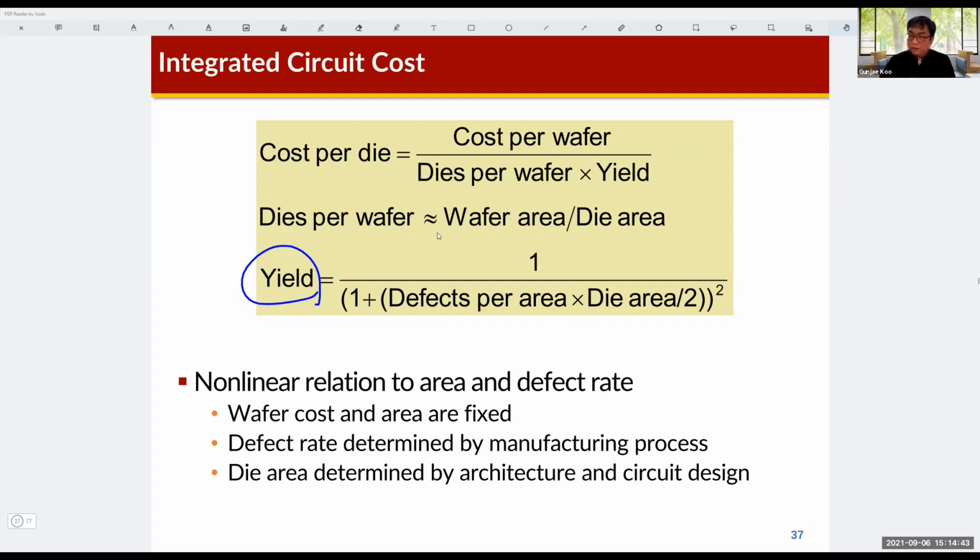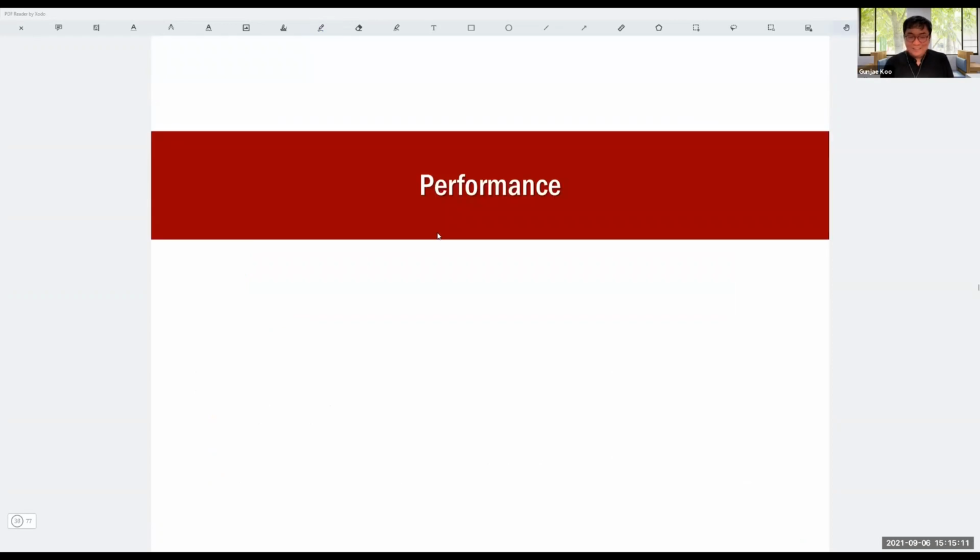So yield is also very important. If the yield is high, then the cost of manufacturing these CPUs or processor chips is low, but if the yield is low, that means the success rate is low, then the cost for manufacturing CPUs or various chips is high. Okay, so yield is also important.